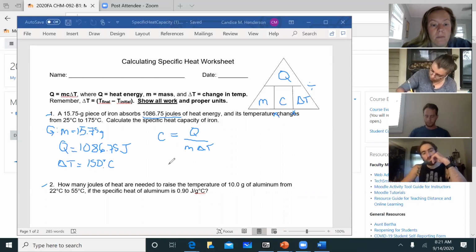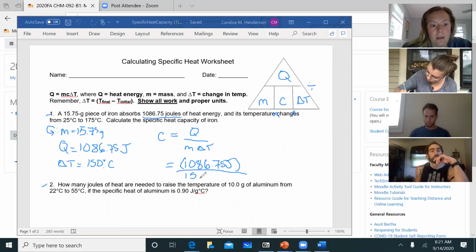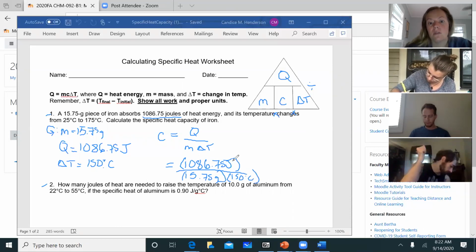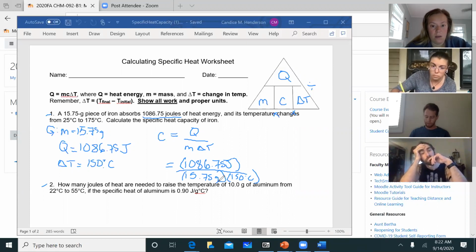So 108.6.75 joules all over the 15.75 grams times the 150 degrees C. You'll notice none of the units cancel. That's good because specific heat is those funky units. So what do we got?